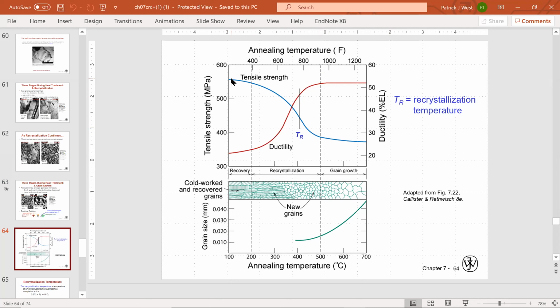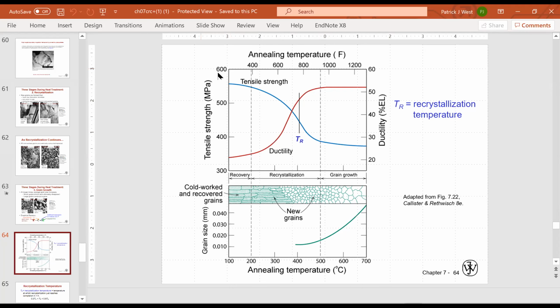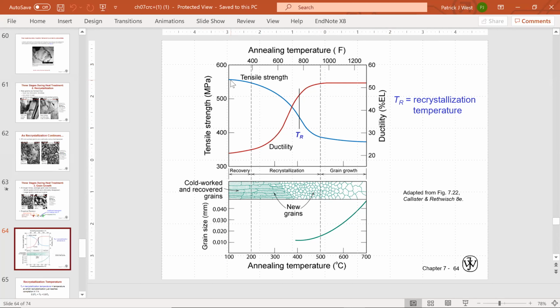Here we have tensile stress. Initially the tensile strength is very high during recovery, and as we nucleate new grains, it drops. That actually can be a little counterintuitive, right? Because we said that grain size can dictate tensile strength. So if you have these very large grains in the beginning, you might want to say, okay, but shouldn't having a lower grain size increase the tensile strength?